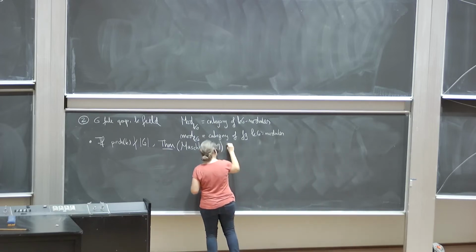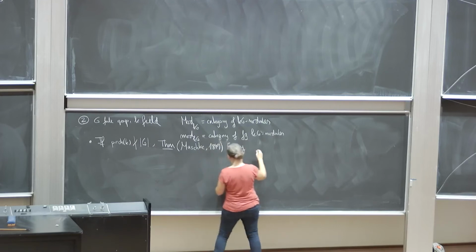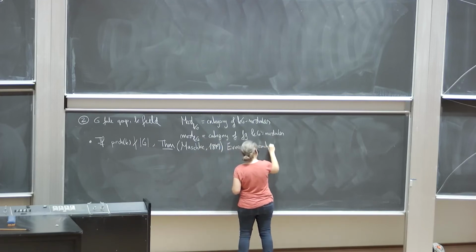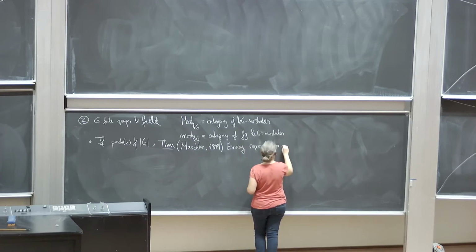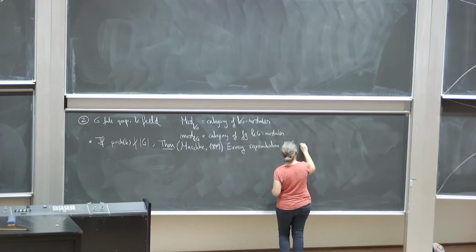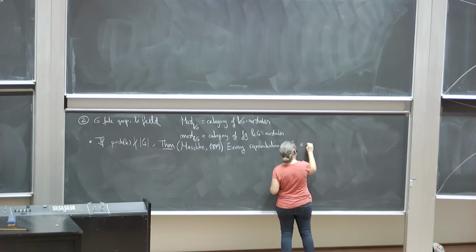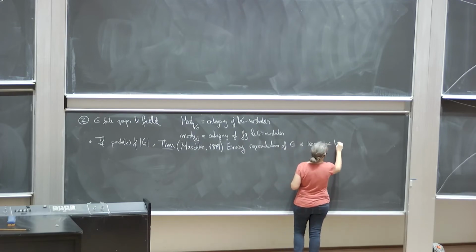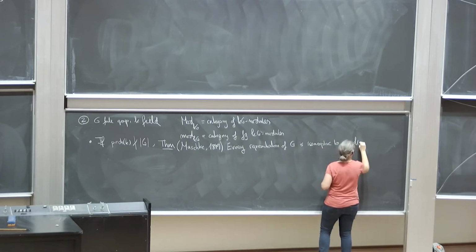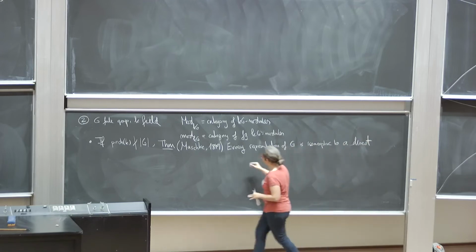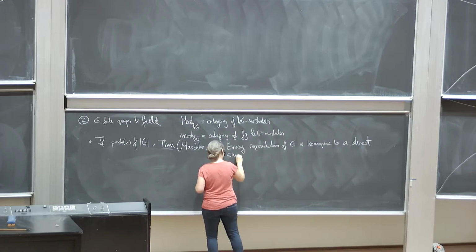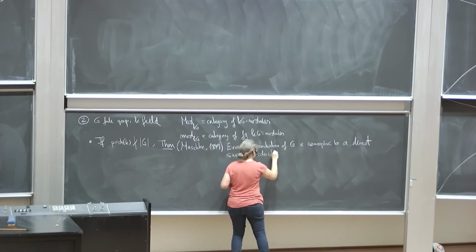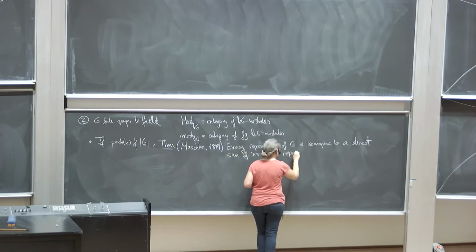So every representation, or every KG module of G, is isomorphic to a direct sum of irreducible representations.